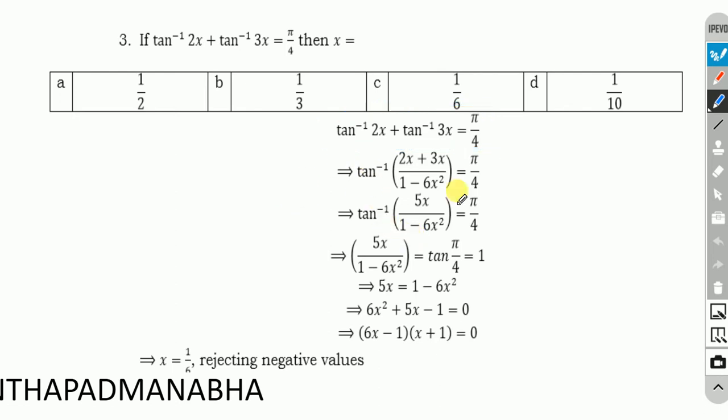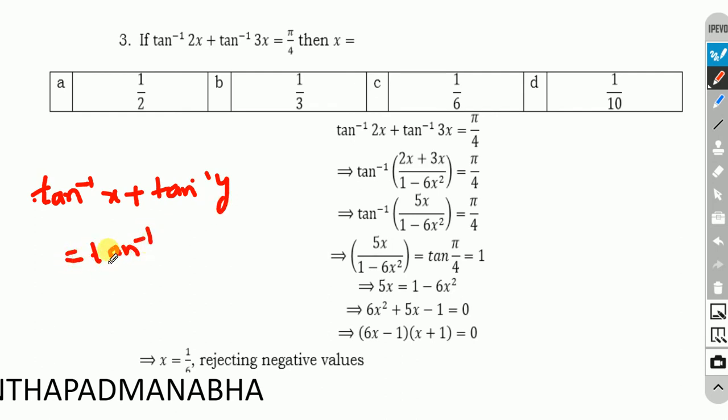Now we can apply the formula: we know that tan inverse of x plus tan inverse of y is equal to tan inverse of (x plus y) by (1 minus xy). So we will apply this formula here. This is x and this is y here.